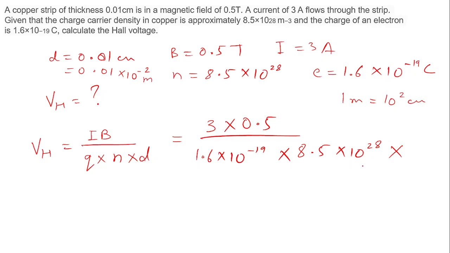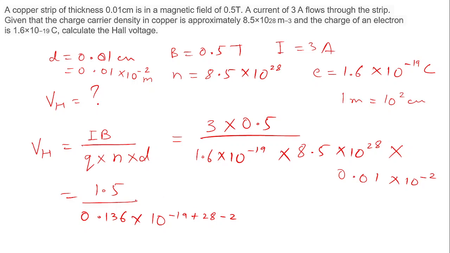So this thickness is 0.01 times 10 to the power minus 2 meter. When we calculate all this, 3 times 0.5 is 1.5 in the numerator, and in the denominator 1.6 times 8.5 times 0.01, it will be 0.136, and now we have to take care of these powers: 10 to the power minus 19 plus 28 minus 2.